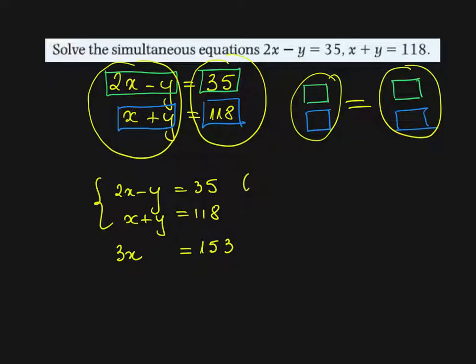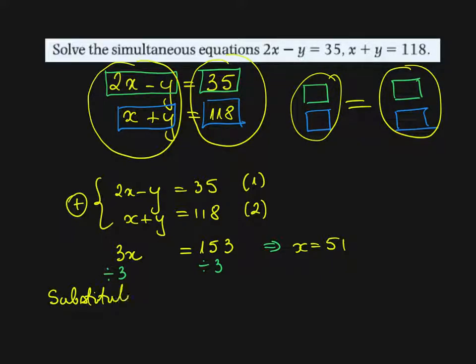So let's repeat. I added equation 1 and equation 2. When I add the left hand sides, I get 3x. When I add the right hand sides, I get 153. This allows me, because I have a single variable, when divided by 3, to write that x equals 51. Now I substitute x to find y.